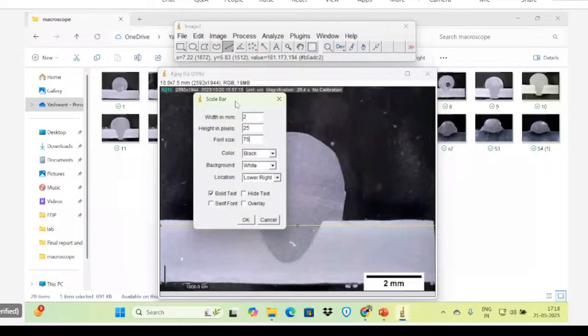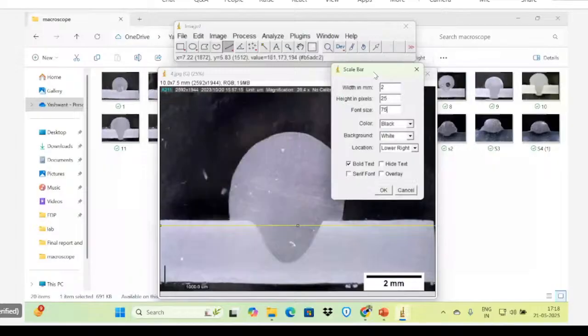After the bead has been laid, we have to cut the cross section and polish it. We reach this stage only after polishing, because as a raw material we can't take it, as the surface is too harsh. So we have to polish it from 320 grit paper to 2000 grit paper, and go for diamond paste polishing also.